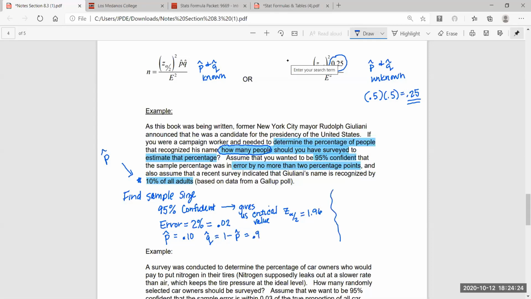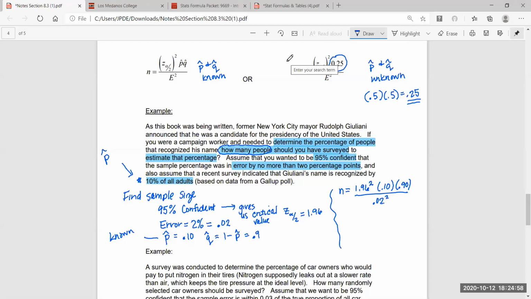So now we can put all this into our formula. We do know P hat and Q hat, so we're going to use the first formula. So N equals our Z alpha over 2, our critical value, 1.96 squared. And then P hat is 0.10 or 0.1. Q hat is 0.9. And then our E is 0.02, and then we want to square that.